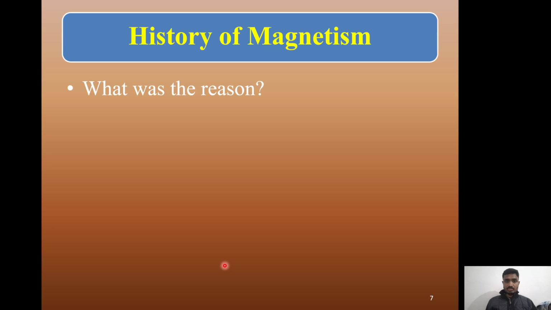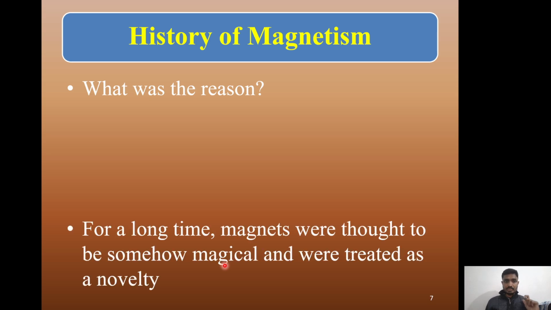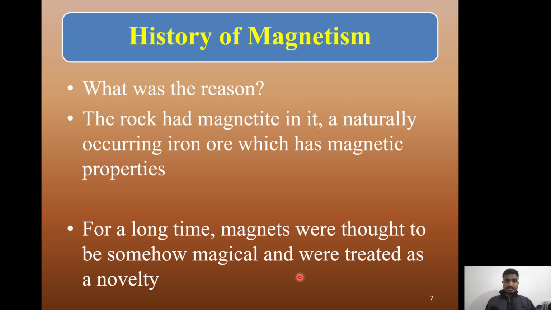And if you look at the reason, what is the reason for that attraction? For a long time magnets were thought to be somehow magical and were treated as a novelty. The actual reason is that the rock had magnetite in it, a naturally occurring iron ore which has magnetic properties.